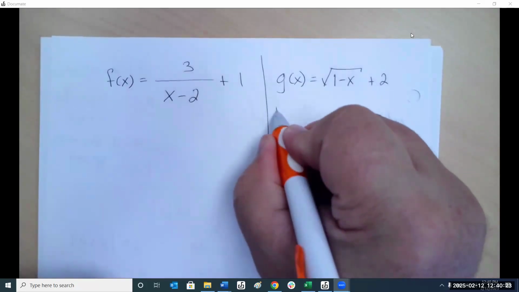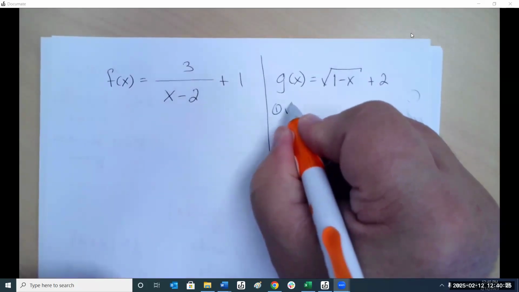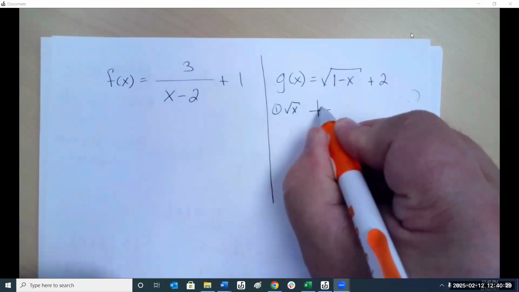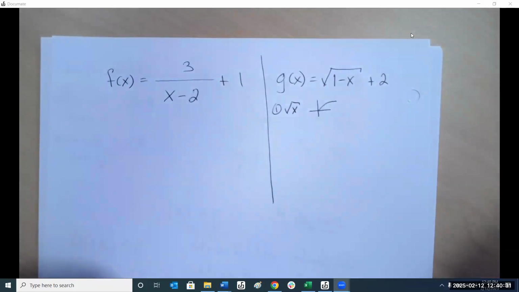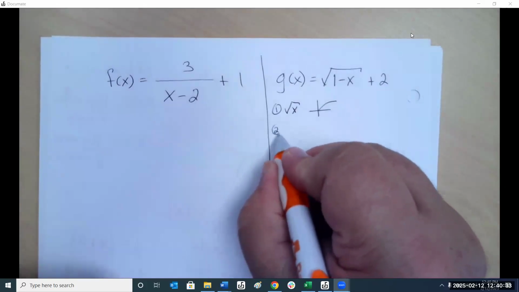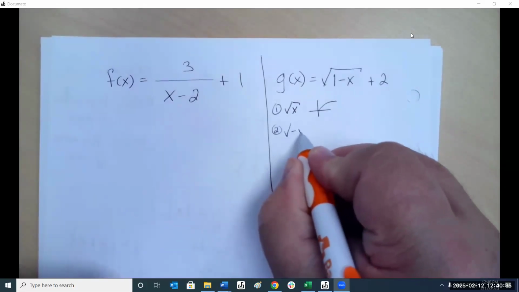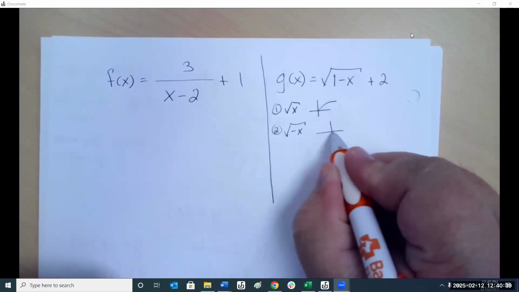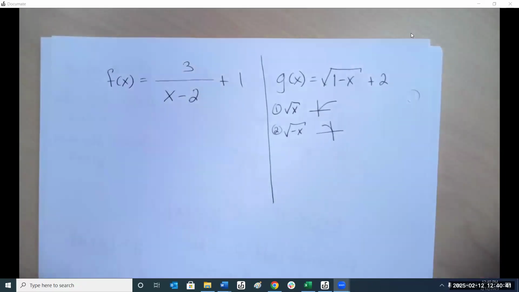So the first thing we notice about this one is a square root function. The next thing we notice is the X changes signs, which means we have to change directions.